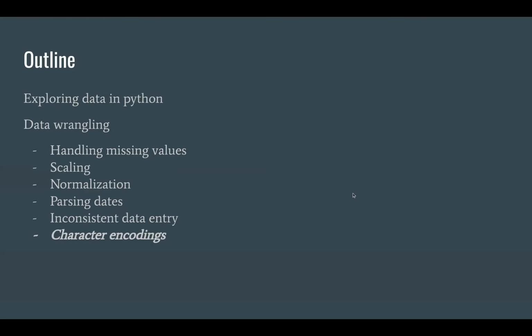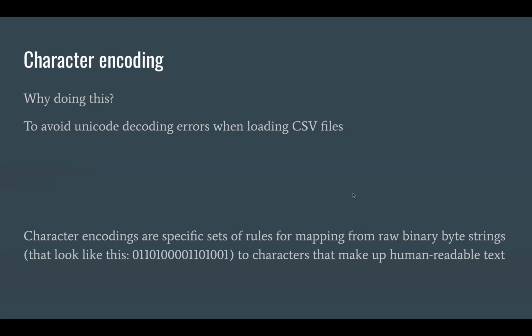Now, the last thing, character encoding. The reason you may want to do character encoding is to avoid any Unicode decoding errors loading CSV files. If you're not familiar with character encodings, they are specific sets of rules for mapping from raw binary byte strings to characters that make up human readable text.